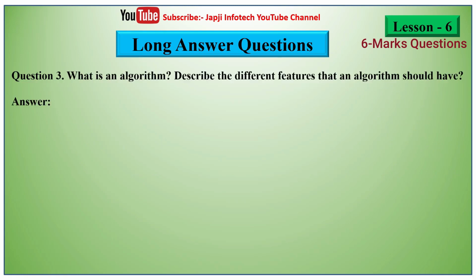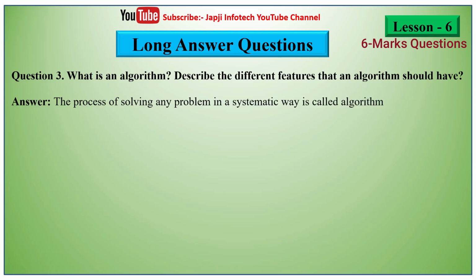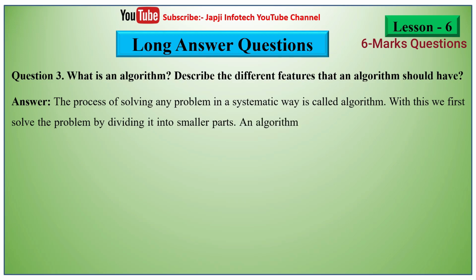And the next question is, what is an algorithm? Describe the different features that an algorithm should have. And the answer is, the process of solving any problem in a systematic way is called algorithm. With this, we first solve the problem by dividing it into smaller parts.